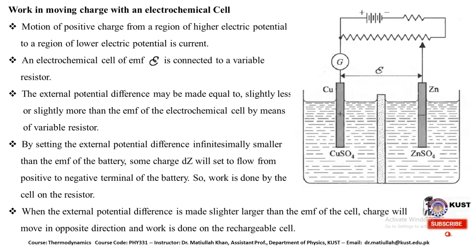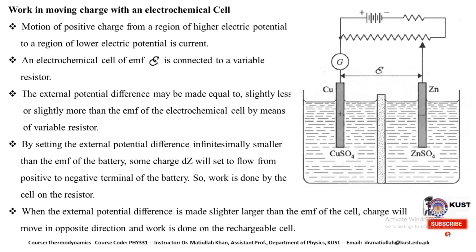We need to connect the same terminals of the battery with an external potential difference. But keep in mind, in this case, the external potential difference is different from the internal potential difference, or EMF, of the battery. The external potential difference in this case is made slightly larger than the EMF of the cell.